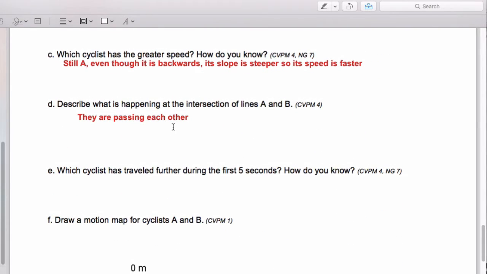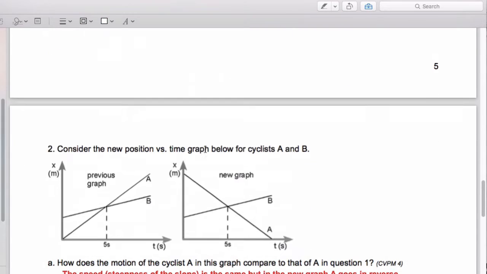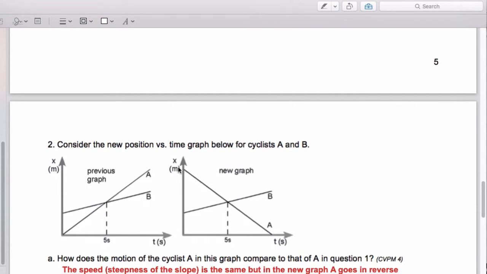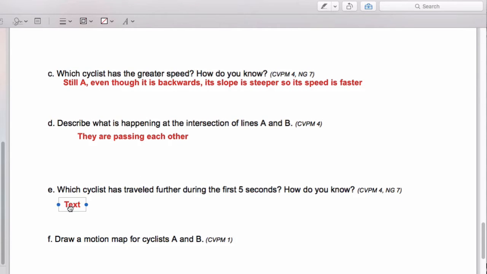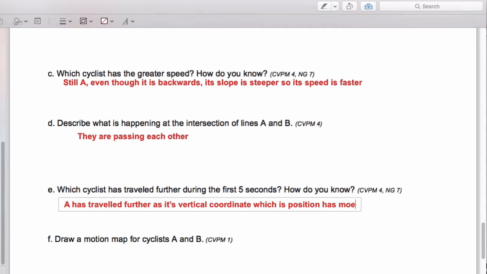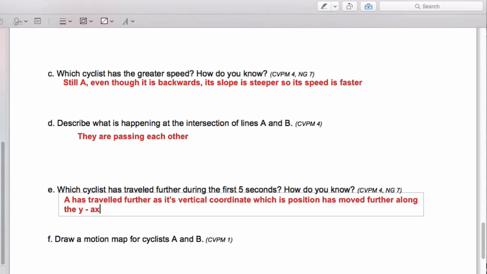And which cyclist has traveled furthest during the first 5 seconds? Let's double check. It's not a question of who's ahead. We can actually say that A has traveled furthest. A has traveled further as its vertical coordinate, which is position, has moved further along the y-axis.